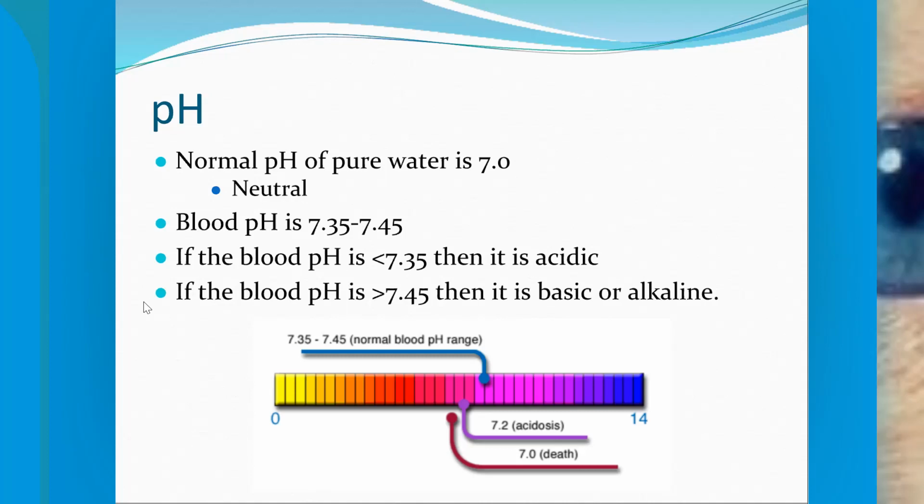There are a lot of factors that go into this, and we'll talk briefly about it, but we won't go too much into it. Our body really tries to compensate for that, but a lot of times patients get really, really sick, and if they get really close to 7.0, death could occur.